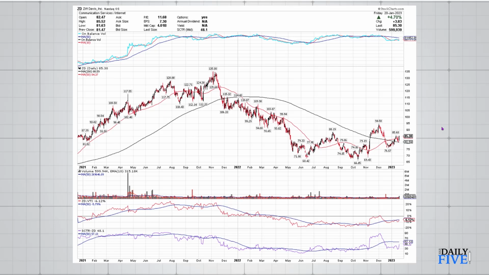And now it's back above the 200-day, and it should show the ability to take out the late November high and then start to mark up, which would confirm that this is accumulation. Definitely earlier in the process.